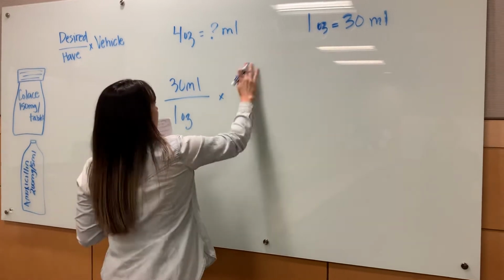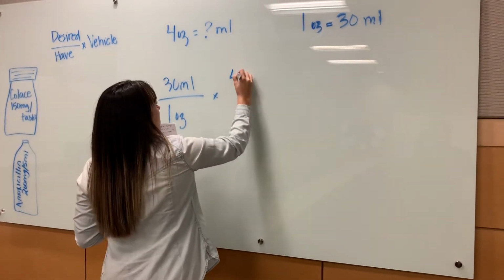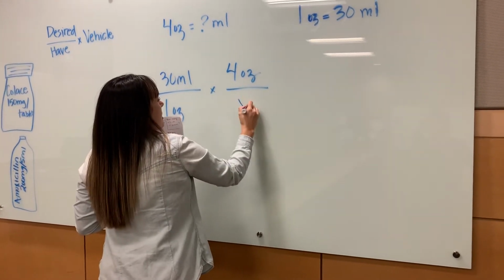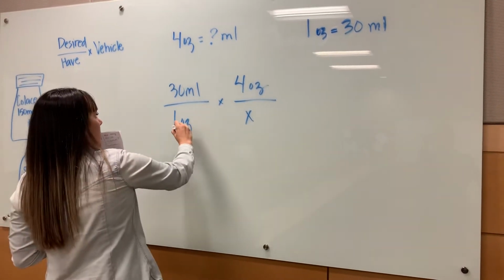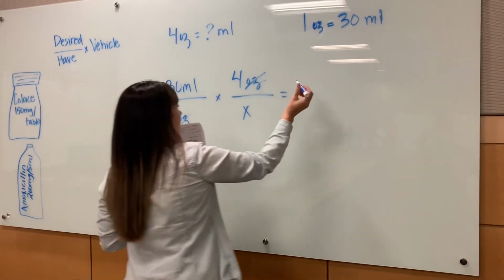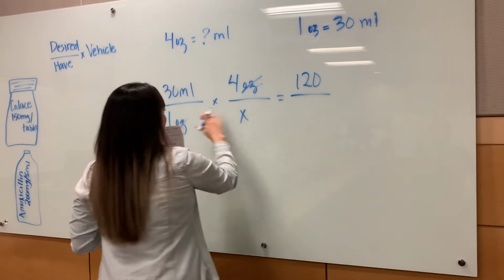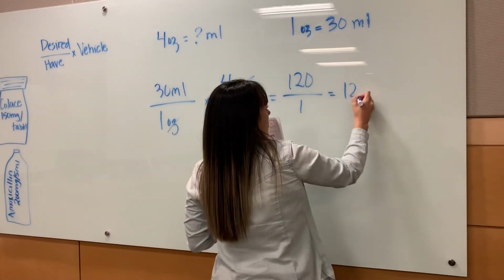And so we want to put our ounces up here because we want to cross multiply and get rid of the ounces. So 4 ounces up here over, we'll say X, because we want to know how many mils there are. So we're going to cancel out the ounces and times across the top, which will be 120, and the bottom, which is 1, equals 120.